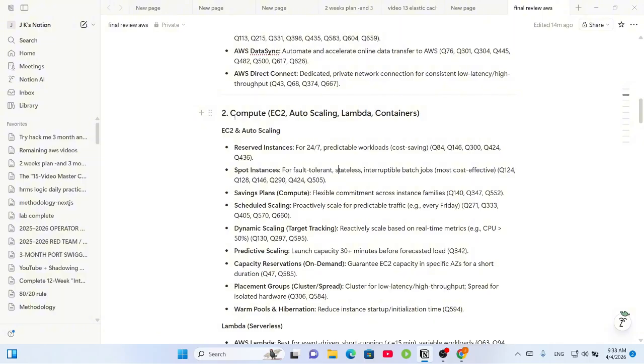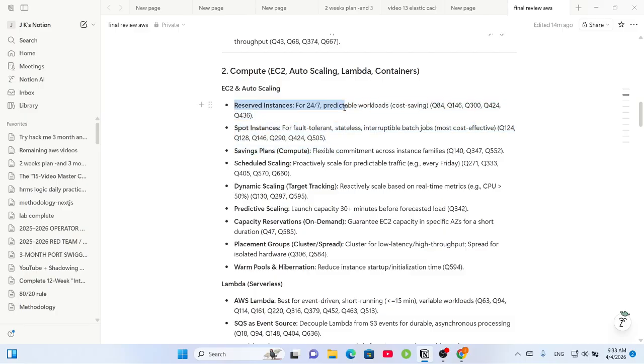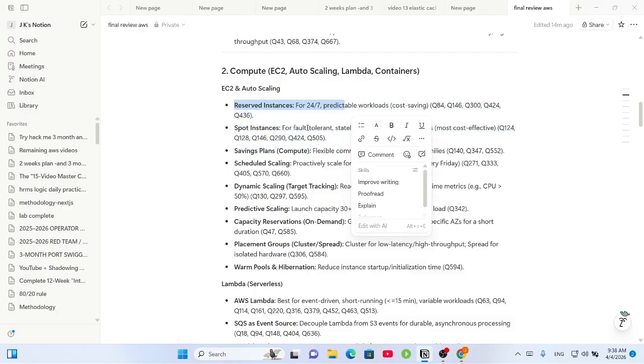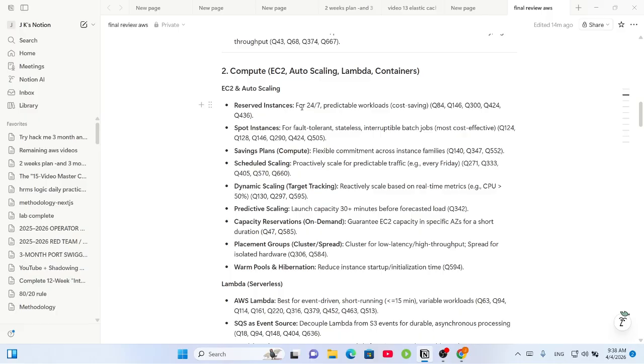Yeah, so when we talk about compute, we have topics like reserved instances for 24/7 predictable workload. Okay, cost saving. Okay, we use reserved instances.